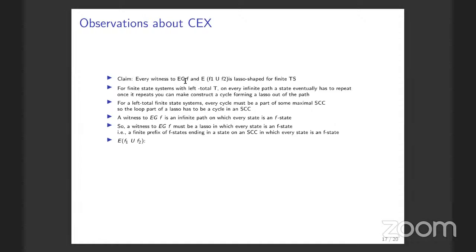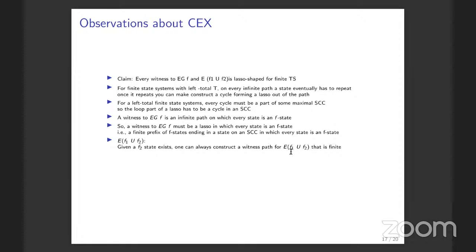Now for EF1 until F2. Given you already have identified the states that satisfy F2, that is, given that F2 states exist, one can always construct a witness path for EF1 until F2 that is finite. Why?